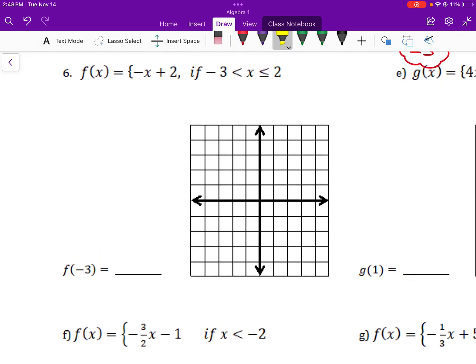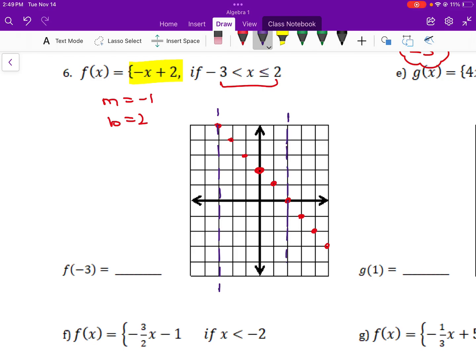Next one, we have our rule and our restriction. Here I'm seeing an m of -1, b of 2. So I can plot down 1, right 1, down 1, right 1, continuing that pattern. But I'm going to truncate it between -3 and 1, right here and right here.